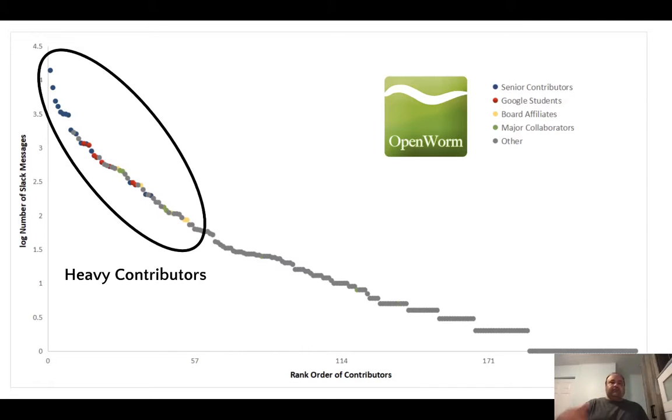Those heavy contributors are people who maybe head up a project or are involved in the administration of the project. That group of people take ownership of the projects. I don't know if it's necessarily that they're successful and everyone else isn't. It's just that those are the people who have taken on those roles.